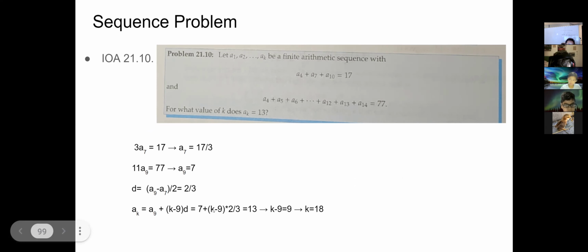You just substitute everything you know, and this should equal 13. Then you can solve K equals 18. So it means the 18th term will have a value of 13.